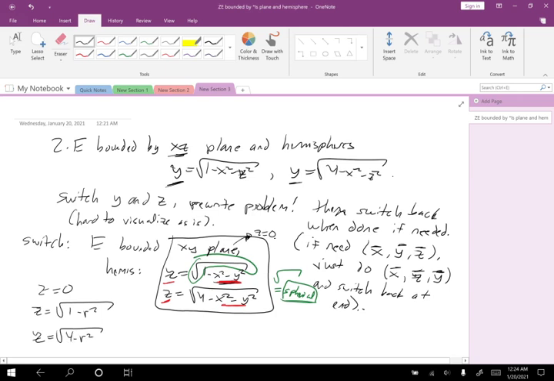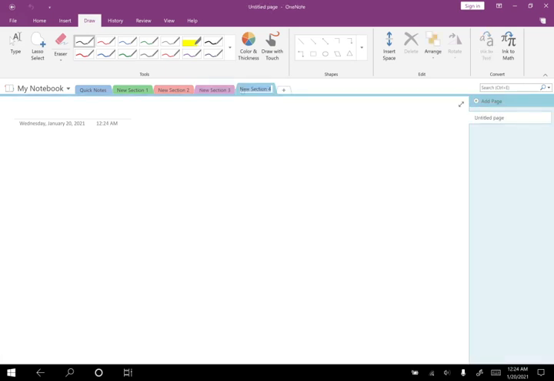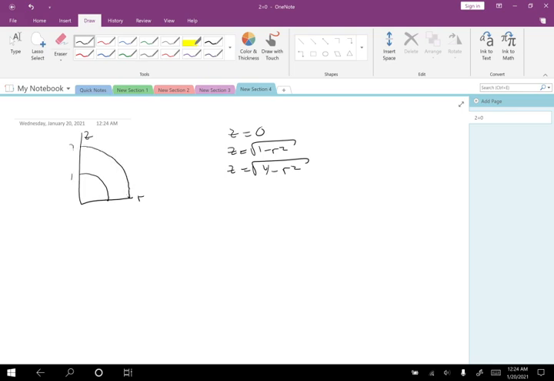What I'm going to do next is plot this in the RZ plane. Again, what we're trying to do is get it in spherical coordinates, but I think the intuition is much better if we at least have a visualization. So in the RZ plane, I'm just going to rewrite really quickly what our boundaries are. If we plot this in the RZ plane, it's a circle of radius 1 and a circle of radius 2.